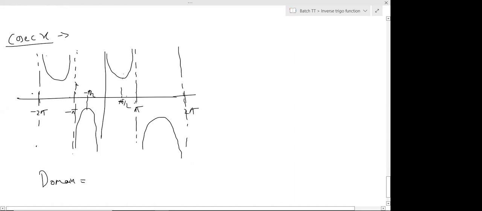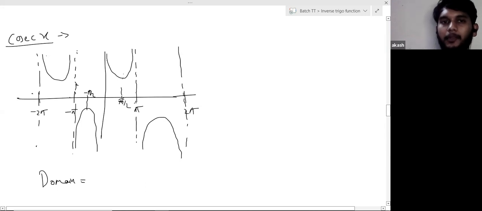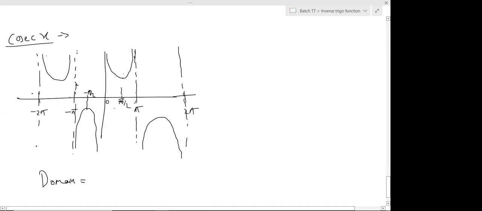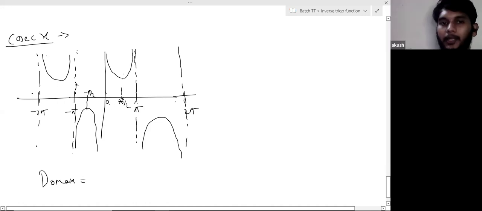Again, for the domain we can put all the values, but where they become infinite, you can see at 0, pi, 2 pi, minus pi.